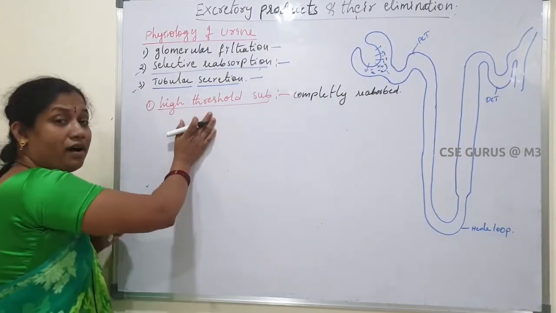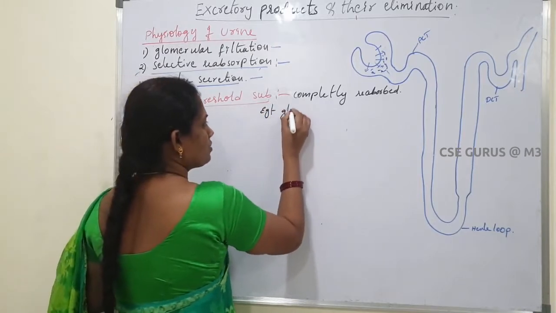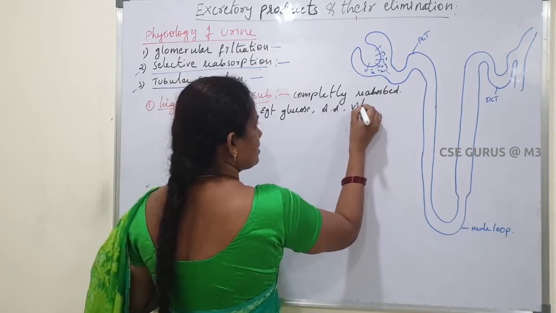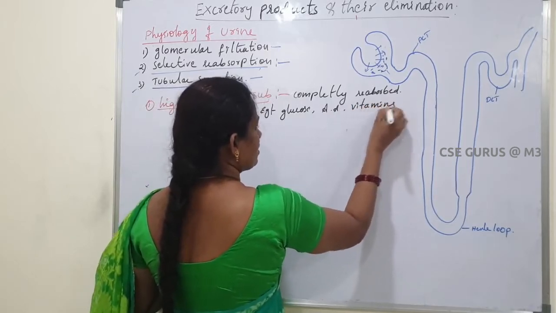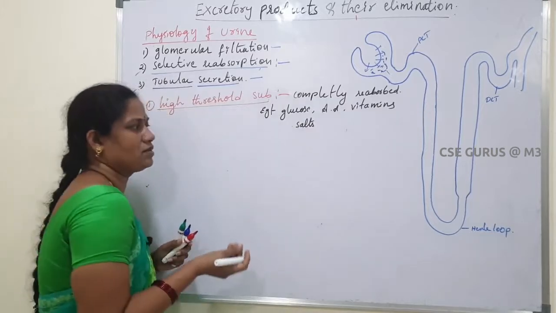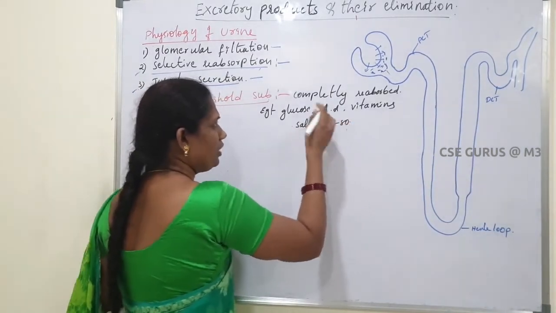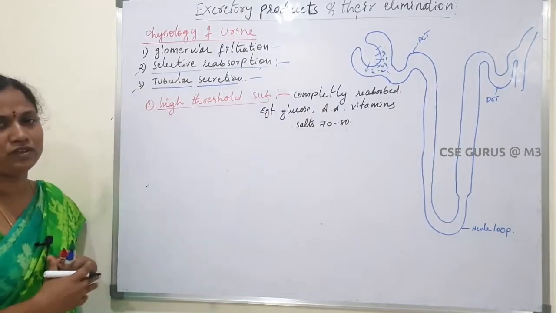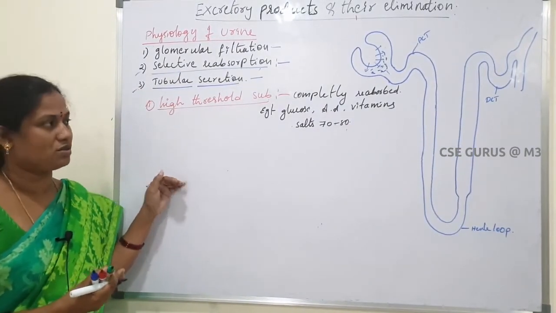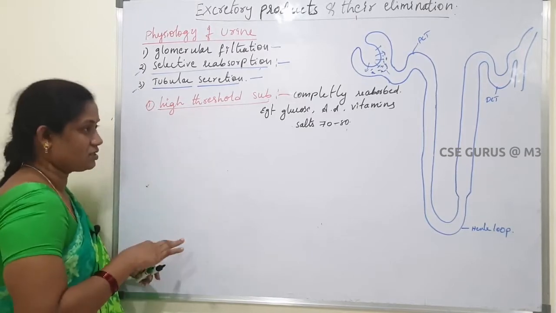For example, glucose, amino acids, vitamins and also salts. Salts are reabsorbed about 70 to 80%. So completely or most of them are reabsorbed. These are called high threshold substances.